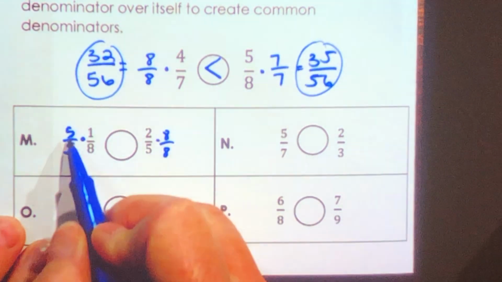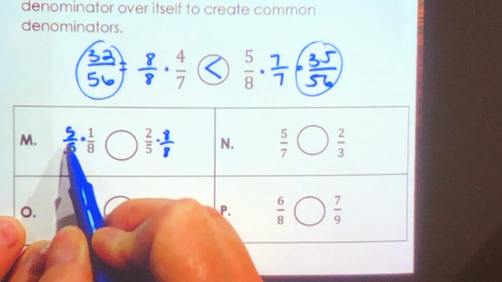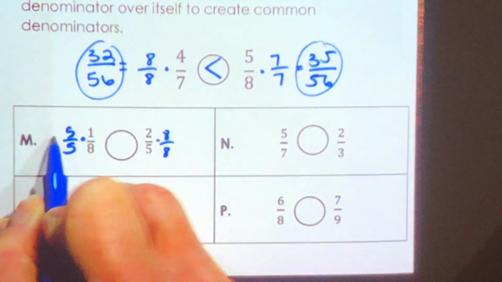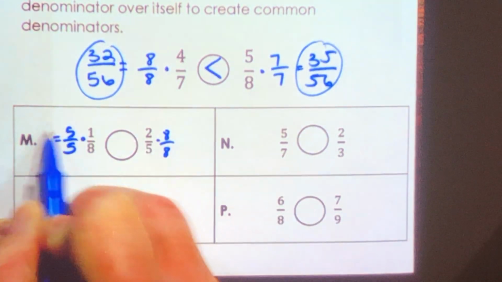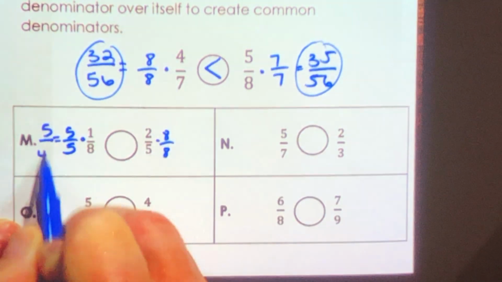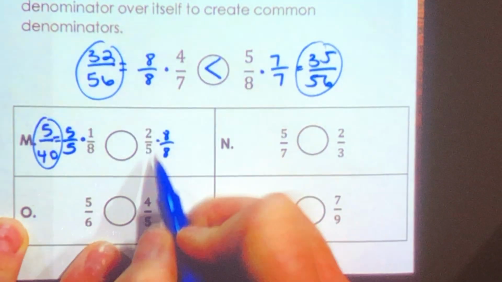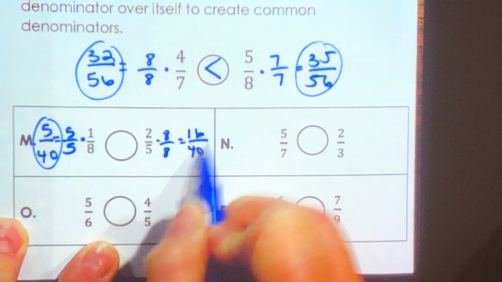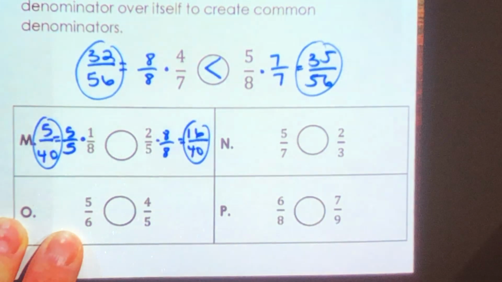They're equivalent because a number over itself is equivalent to 1. 5 divided by 5 is 1. All right, so this fraction is now going to be 5 times 1 is 5, and 5 times 8 is 40. This fraction will be 8 times 2 is 16, 5 times 8, 40. Notice denominators are the same, right? So the higher numerator wins. 16/40 is greater than 5/40.